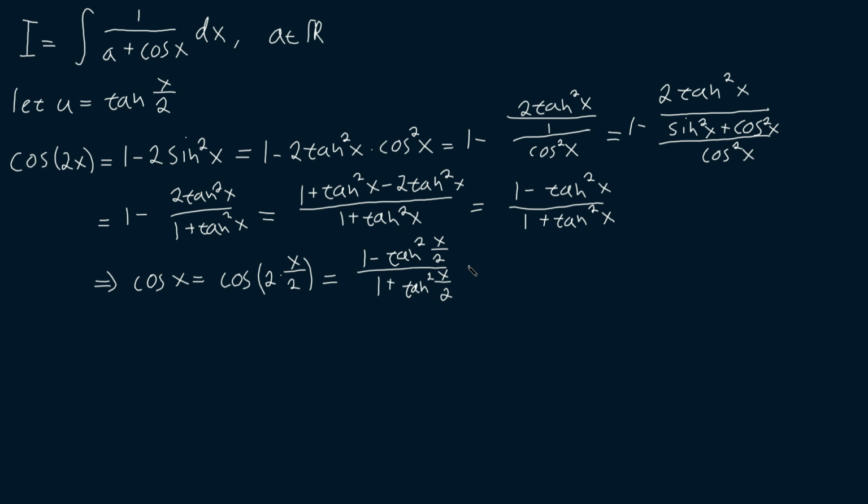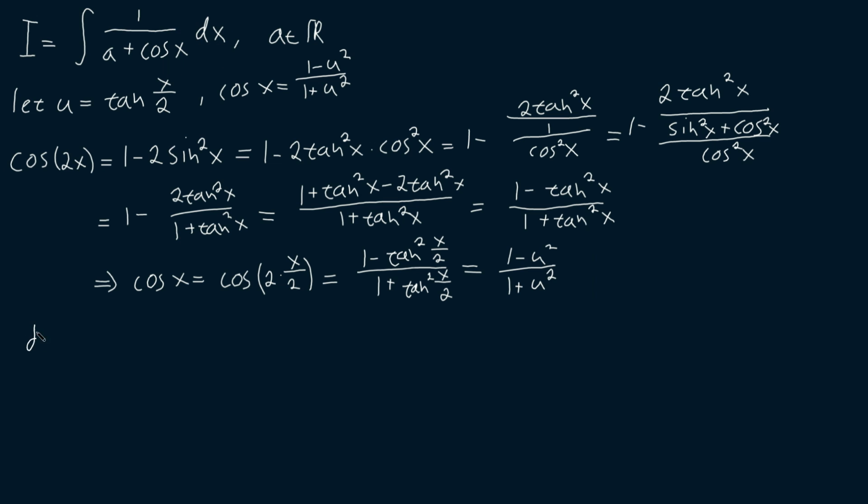And since we said that u is equal to tangent of x over 2, we get that cosine of x is equal to 1 minus u squared over 1 plus u squared. And let's put this result also up here. Cosine of x is 1 minus u squared over 1 plus u squared, and next we're going to tackle the dx.